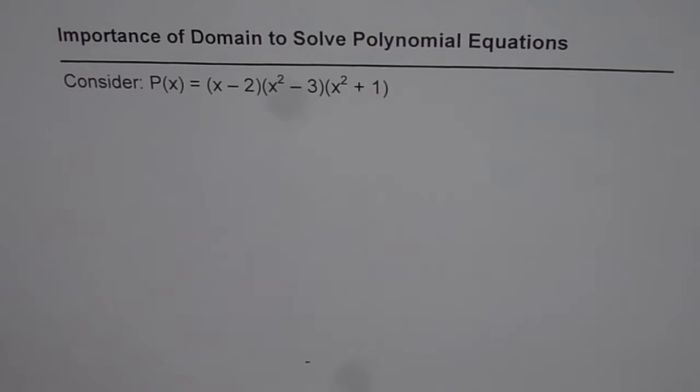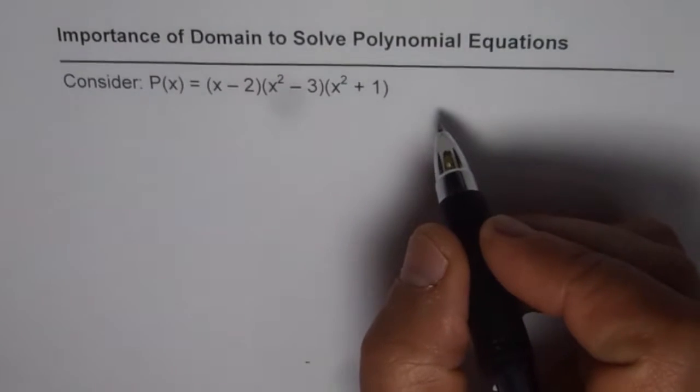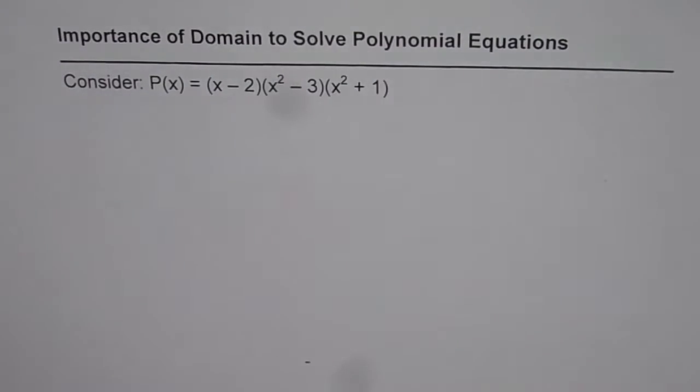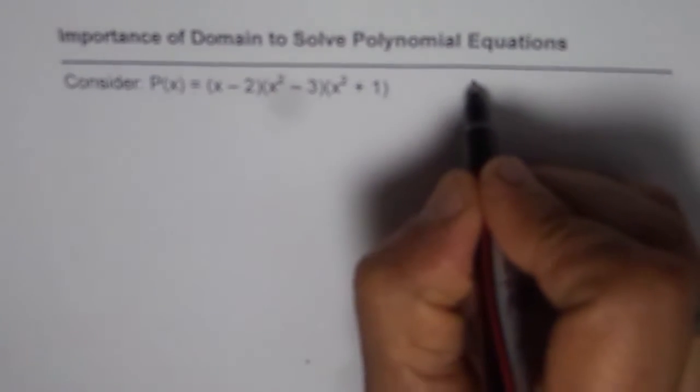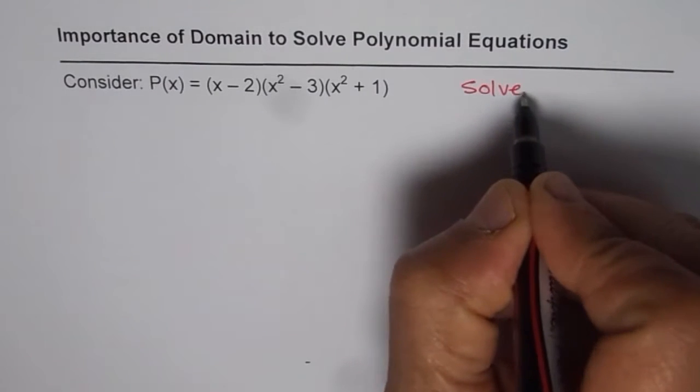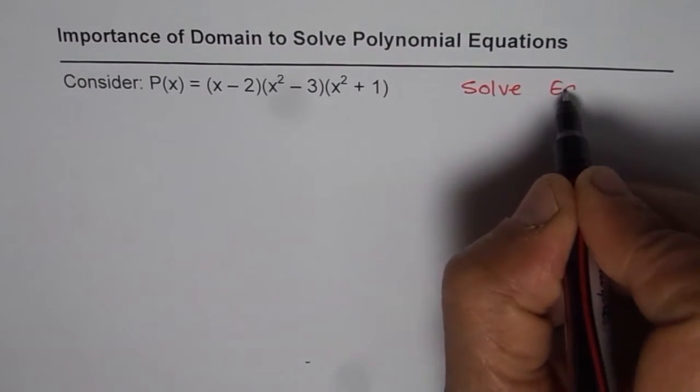Well, basically, when we say solve a polynomial equation, then we are really looking for roots of the equation, or rather I should say zeros of the equation, right? So let's write down here what is the meaning of solve equation in general.